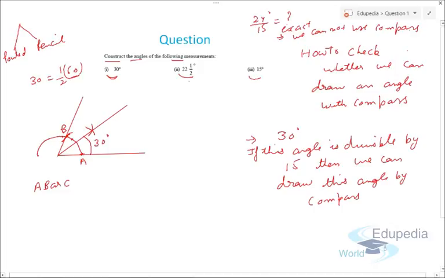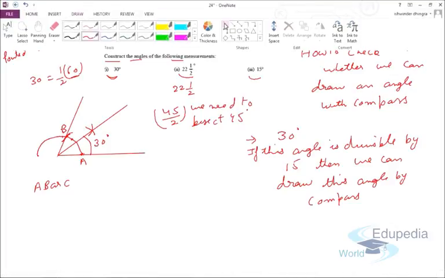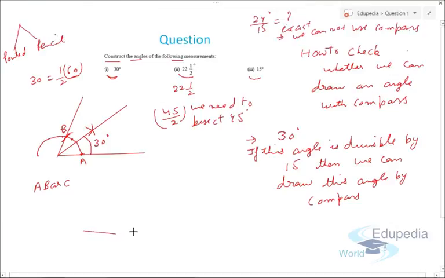Now we need to draw 22.5 degree. 22.5 degree can be written as 45 by 2, which means we need to bisect 45 degree, right? So again we draw a line like this first.